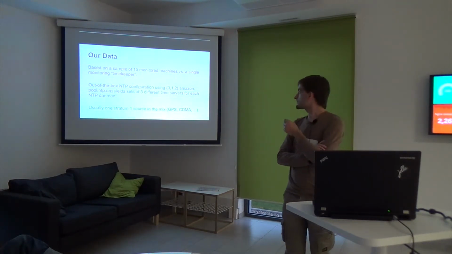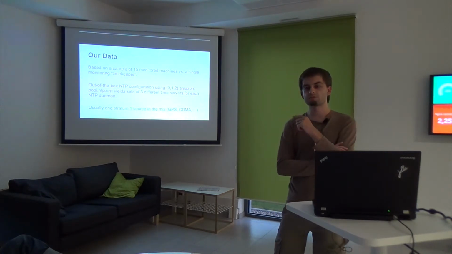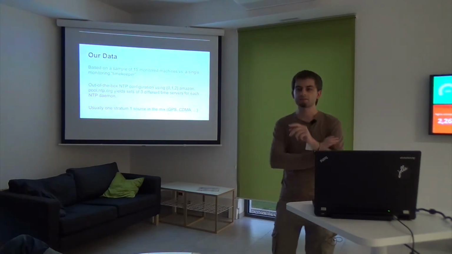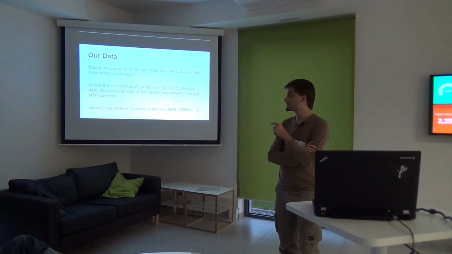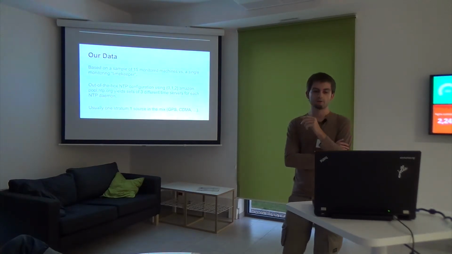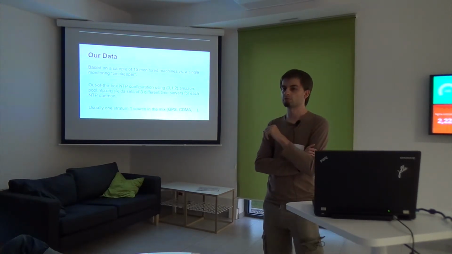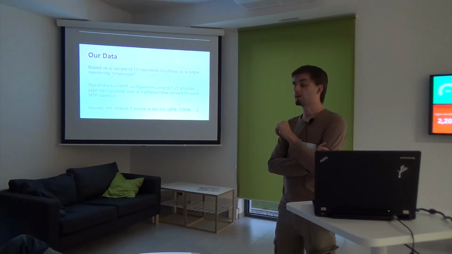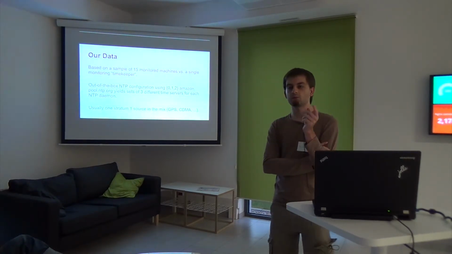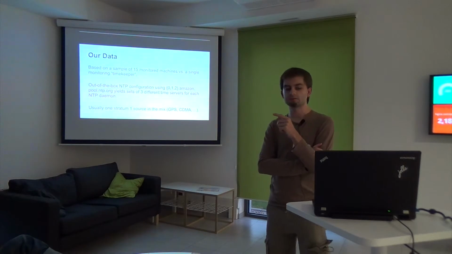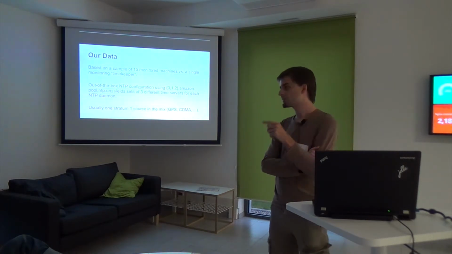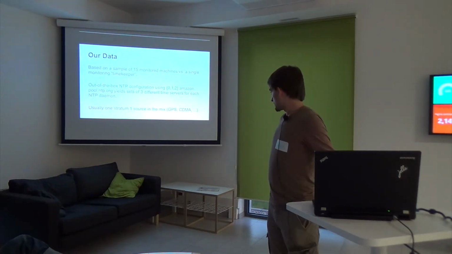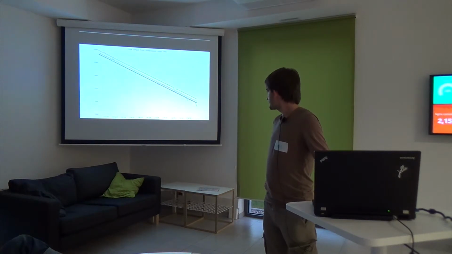So this is something you may want to remember when you see the graphs, because you are going to see some variance in the times on these boxes, and this is probably caused by them obtaining their times from different time sources. I haven't tested the scenario where we'd start our own NTP servers in our data center and synchronize only from them, but this is something to be done maybe in the future.